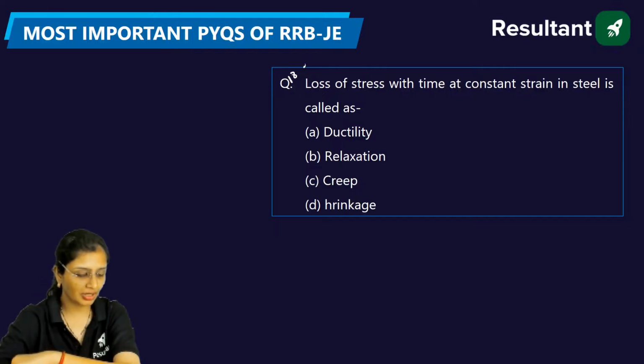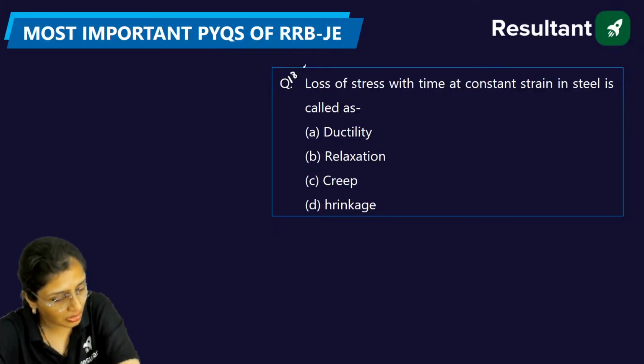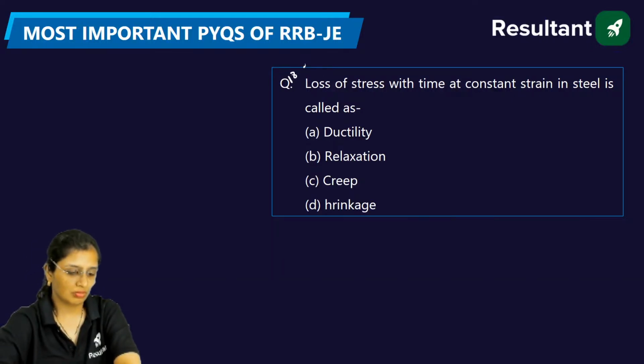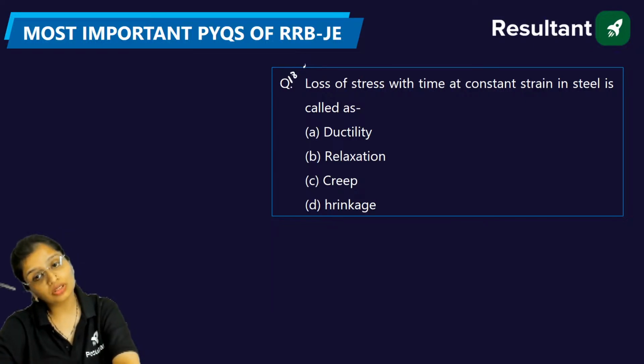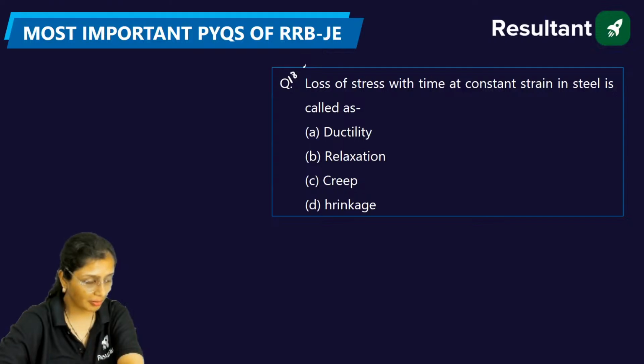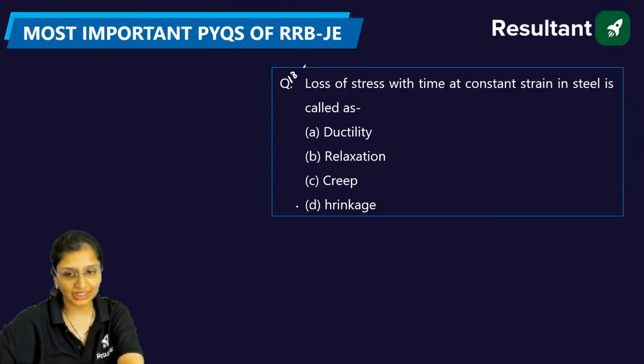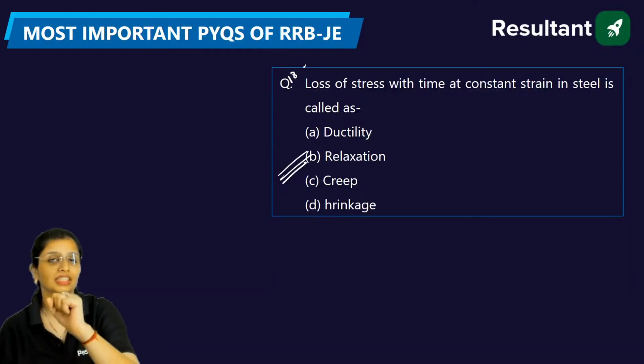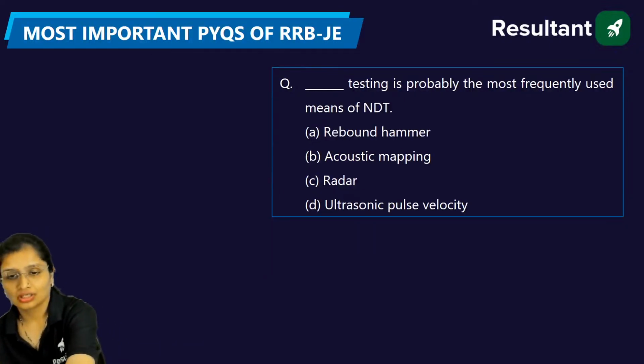Here it is telling you at constant strain in steel, and that too at constant temperature. Correct. Very good, Pavan. That is relaxation. So loss of stress with time at constant strain in steel and that too at constant temperature is relaxation.